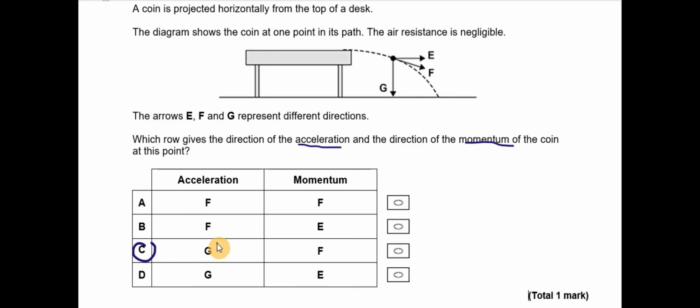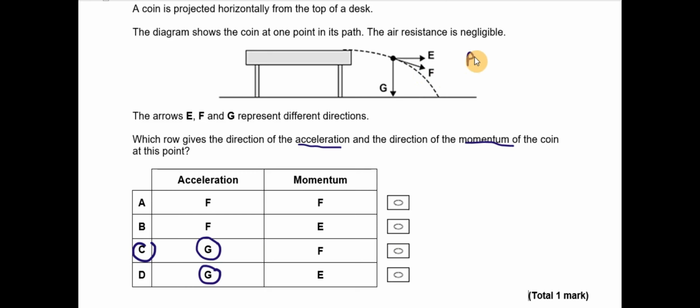So it's going to be one of these. F is a line that's drawn at a tangent to the path. So F is showing the direction the coin is moving in at the time, which means it's also showing the direction of its velocity.